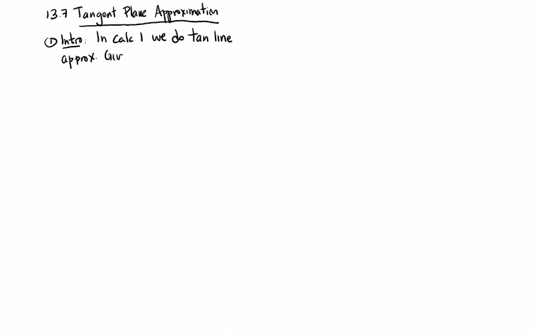Given a function and a point, so if you take your function, maybe it looks something like this. Maybe here's x0. If you draw the tangent line at x0, that will look like this.